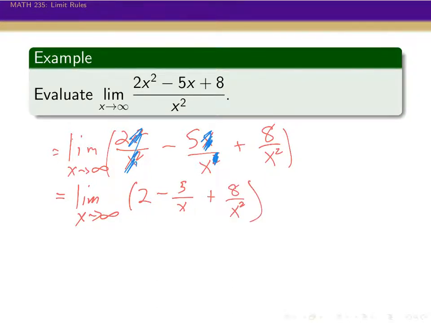Okay, now let's think about what happens as x gets really big. 2 is going to stay the same. There's no x's there anymore. 5 over x, that's going to be 5 divided by a really big number, so this is going to be really small.